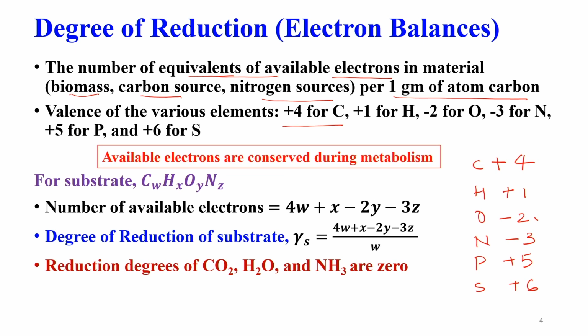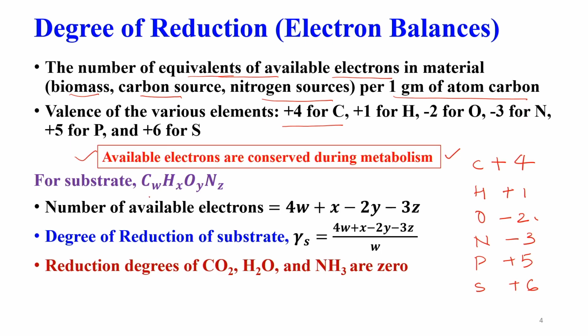Now, it is very interesting to know that these available electrons are conserved during metabolism. It means one can apply the electron balance as a part of material balance, because available electrons are conserved starting from the substrate to the product.